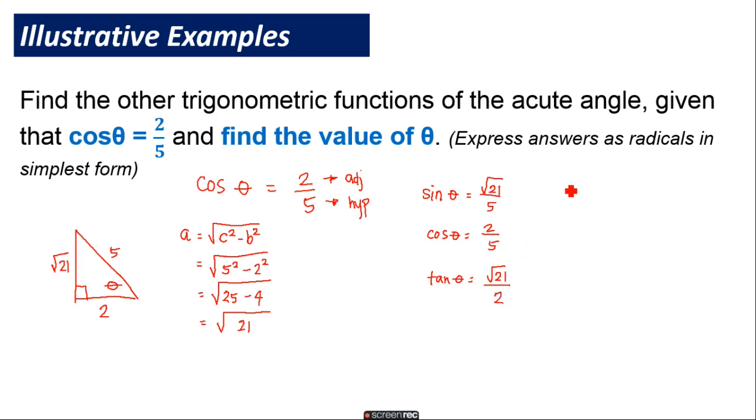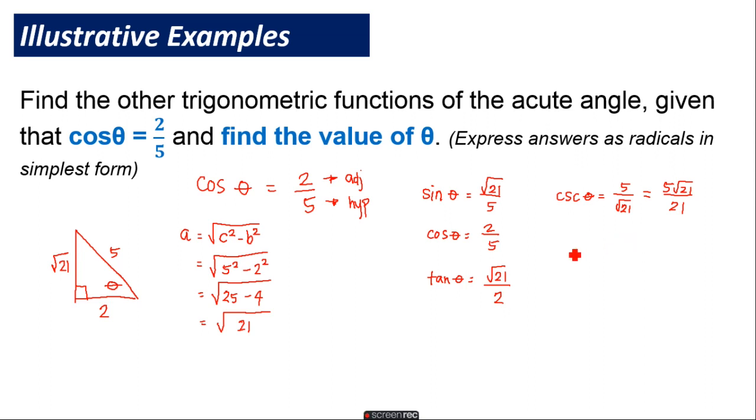Then we get the reciprocals. Cosecant theta is equal to 5 over the square root of 21. But we need to express this in simplest form, so this will be equal to 5 square root of 21 over 21.